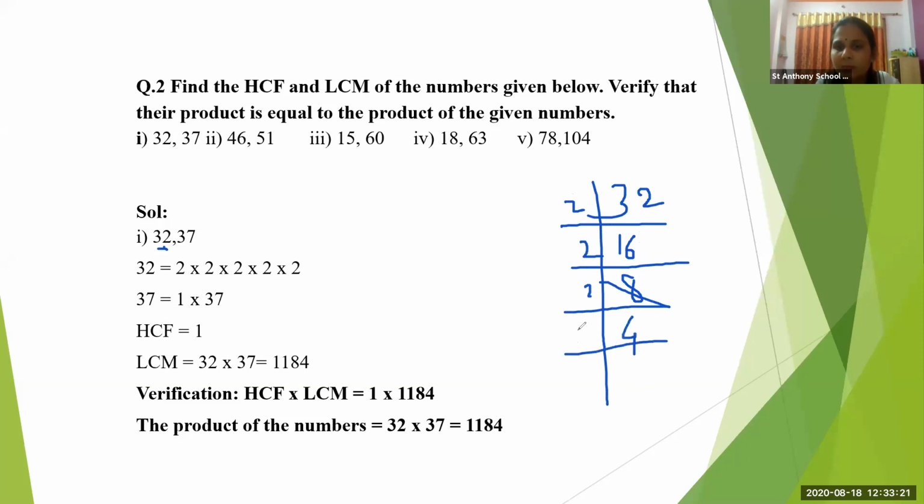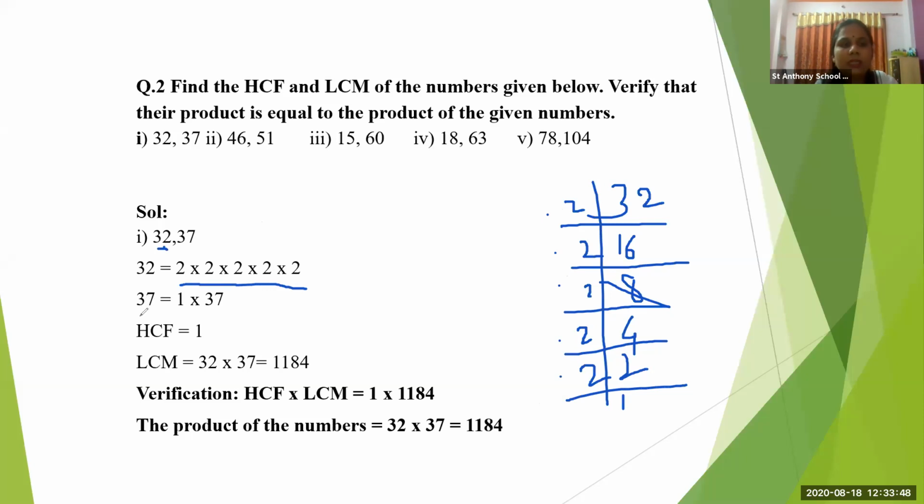Again here it will come 2 2s are 4, right? And then it will come 2 1s are 2, right? So what are the factors? 2 into 2 into 2 into 2 into 2. Okay. Now 2 2s are 4, 4 2s are 8, 8 2s are 16, 16 2s are 32.